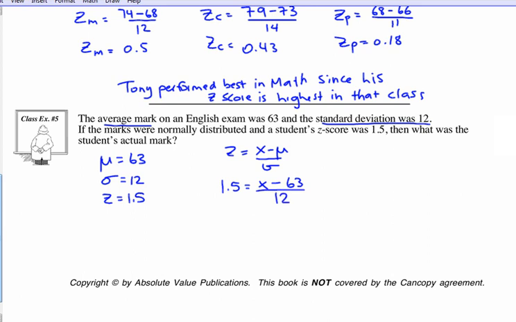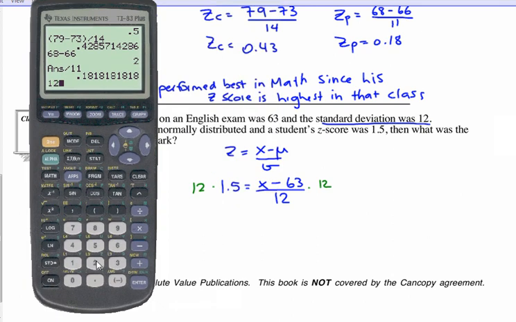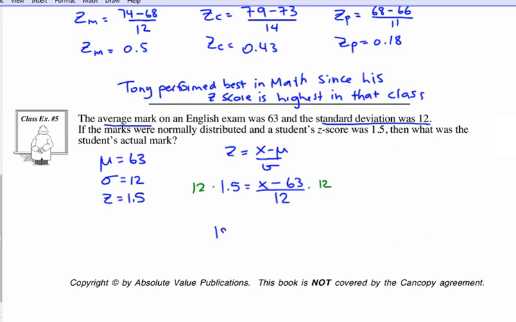So if we want to get x by itself, the first thing we need to do is get rid of this fraction. So we need to multiply both sides by 12 first. So 1.5 times 12 is 18. So now these are gone. So that equals x minus 63.